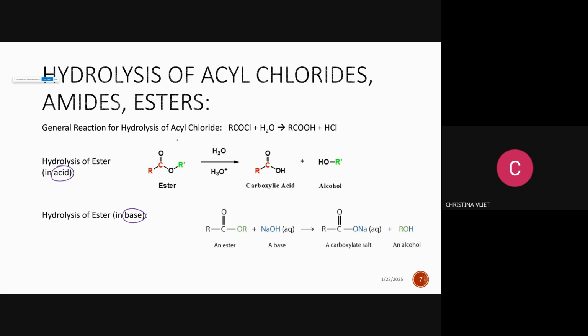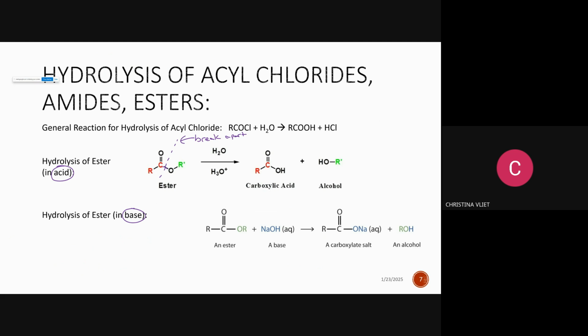In both scenarios, you have to break your molecule apart, whether it's an ester, an amide, or an acyl chloride. You always break apart in the same spot, right next to the C double bond O, in between that carbon and the electronegative element. It's always this bond that gets broken, and you separate into 2 products.